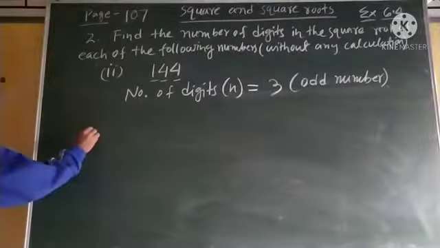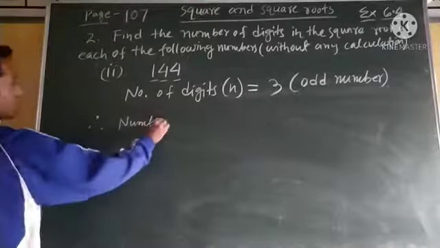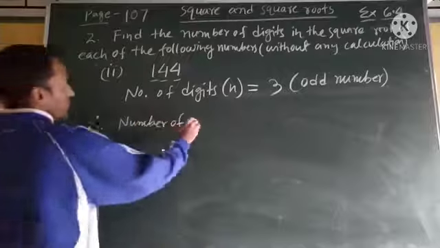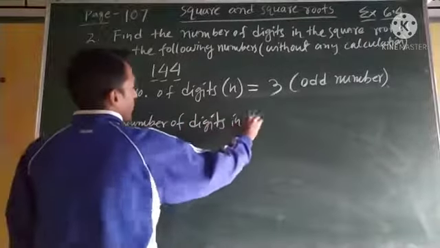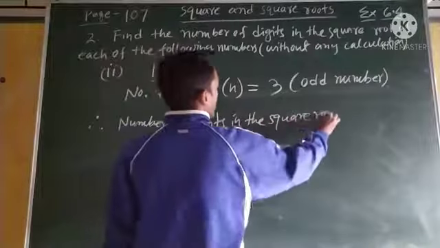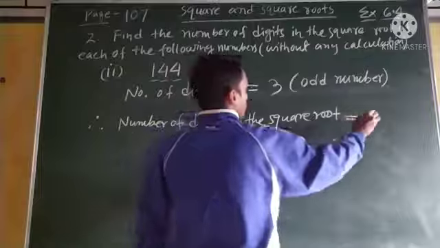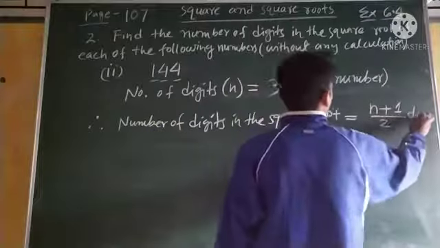So now, therefore, the number of digits in the square root is how much? n plus 1 by 2 digits.